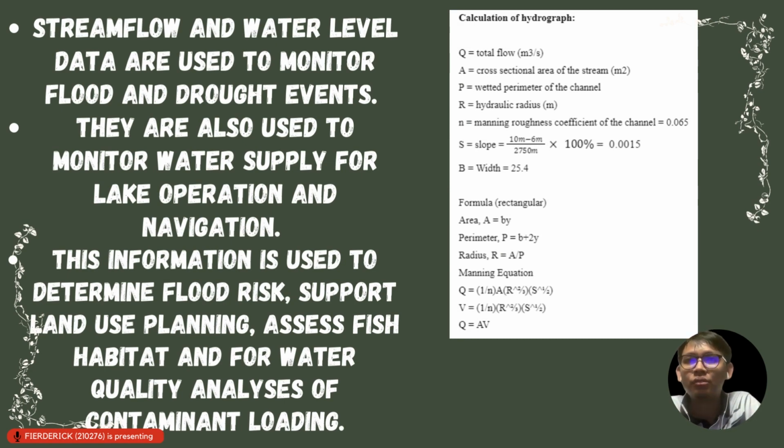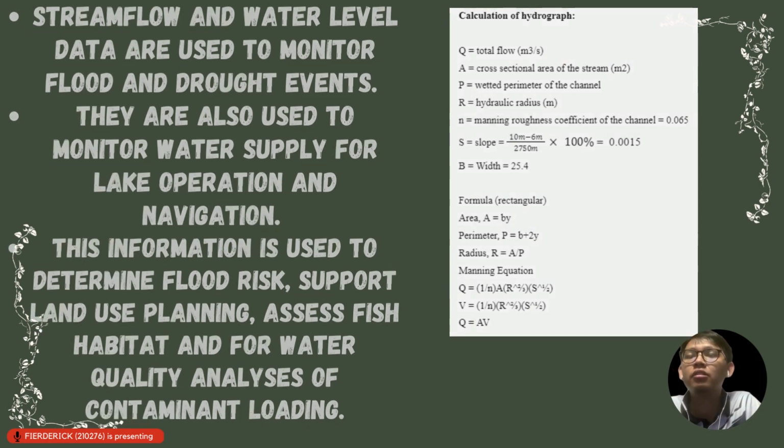They are also used to monitor water supply for lake operation and navigation. This information is used to determine flood risks, support land use planning, assess fish habitat, and for water quality analysis of contaminant loading. And the picture is the calculation of the hydrograph.